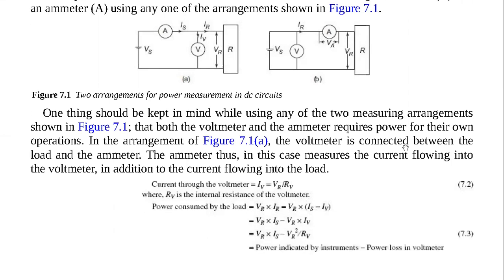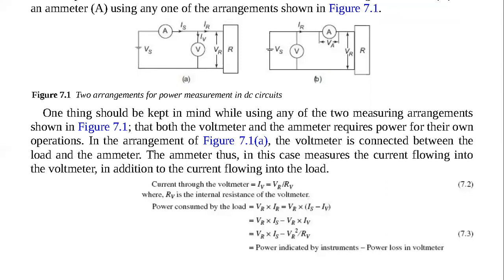Current that is flowing into the voltmeter. Therefore, the IV, that is the current that is flowing in the voltmeter, we know how to calculate IV, or the current in a circuit, because from Ohm's law, V equals IR.